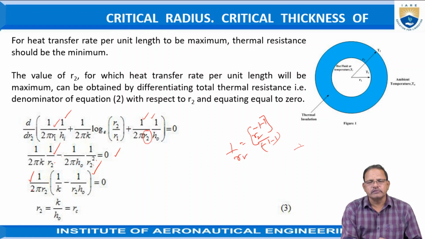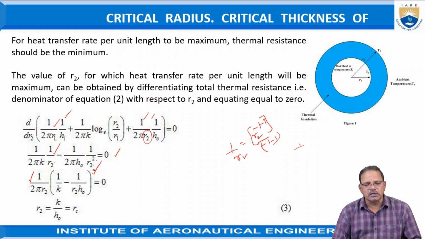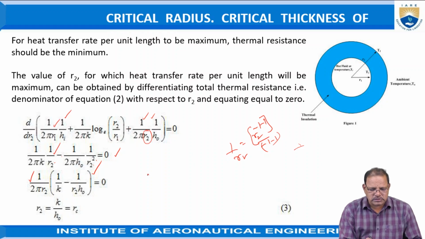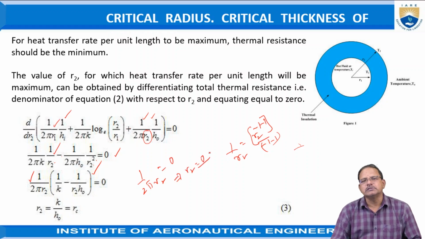Since the first one cannot be equal to 0, the second should be equal to 0. From the first relationship we got R2 equal to 0, which means there is no insulation.